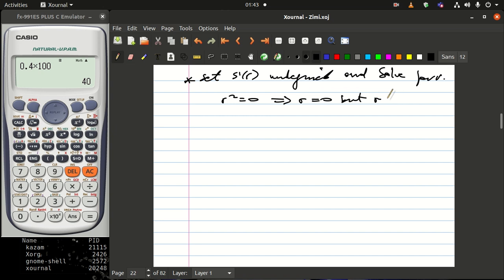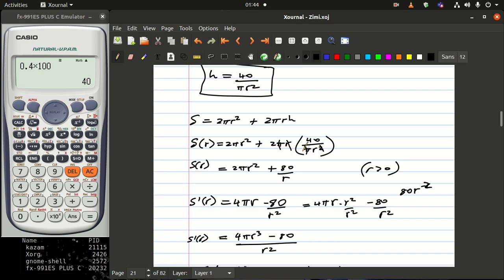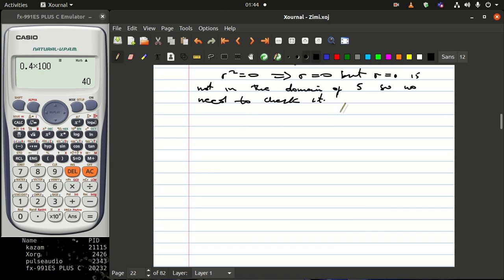But r equal to 0 is not in the domain of S, so no need to check it. If let's say r equal to 0 was part of the domain of this function, we're going to check it, but now it is not, so there is no need for us to check it, like I said in the previous topics.